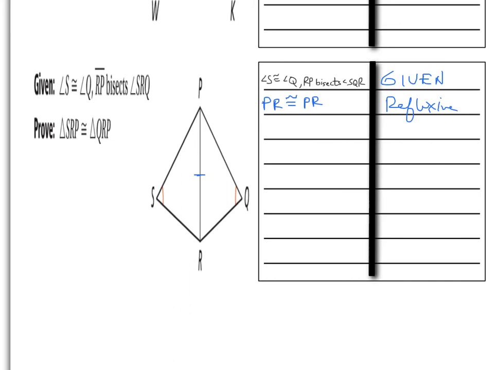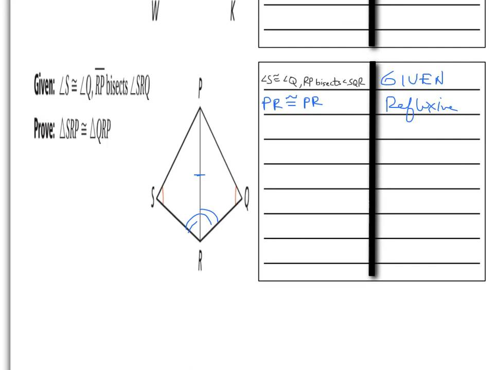Now again, you're looking for an angle, because you have an angle separated here. You're not going to be able to mark these sides and then that angle, so you can't do angle, side, angle, but you're going to need angle, angle, side. It says here that PR bisects this angle, so I know that this angle and this angle are congruent to each other. But I can't name it angle R because I don't know which one's which, the right or the left.